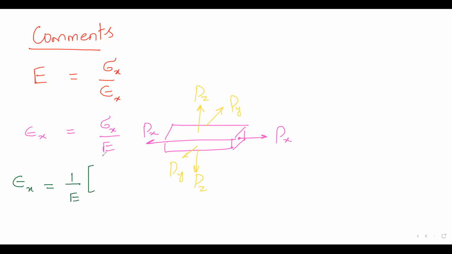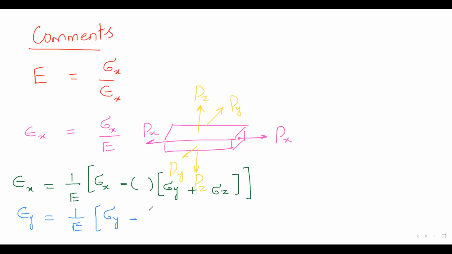Probably in your 434, your next instructor will use epsilon x equals 1 over E, stress x minus fill in the blank, stress y plus stress z. This fill in the blank you will tell me. And then epsilon y equal to 1 over E, stress y minus fill in the blank.